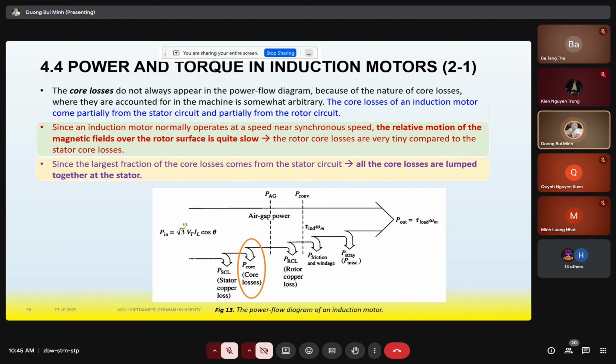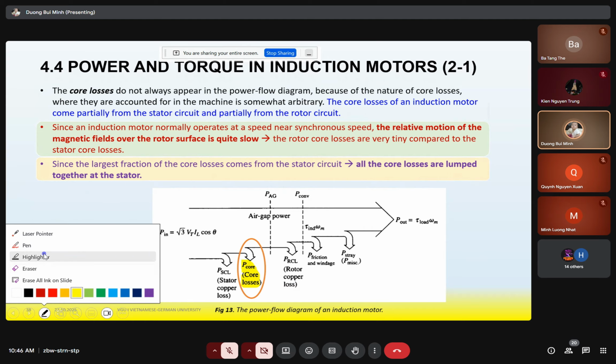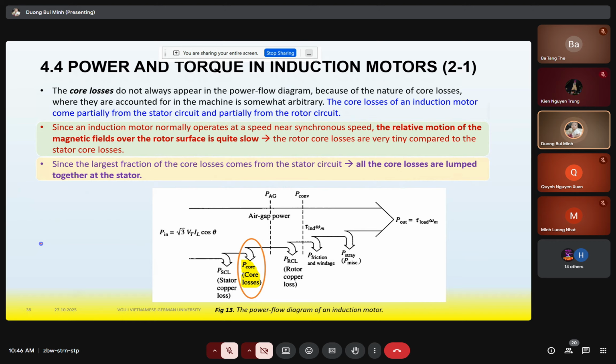In this slide, they mention core loss. Actually, we have the core loss from the stator, and we have another core loss that could come from the rotor, because at the stator we have the stator magnetic circuit, and at the rotor we have the rotor magnetic circuit.